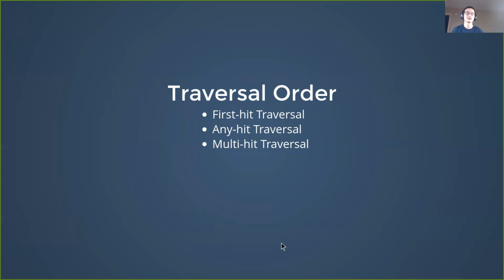This can be useful to calculate things like shadows or illumination. And then there is multi-hit traversal, where we can calculate all the intersections of a ray with objects, or the first n intersections.